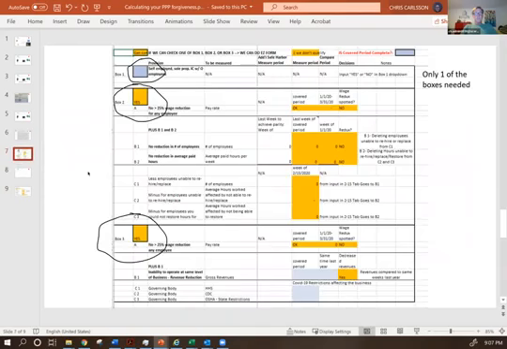So for the rest of us, unfortunately, people who are not sole proprietors or independent contractors, we now have to go on and see, do we qualify in either box 2 or box 3?